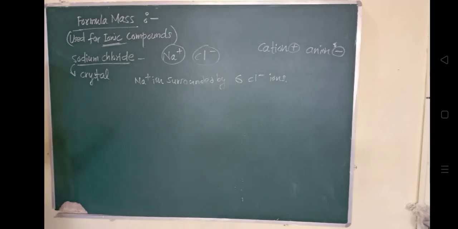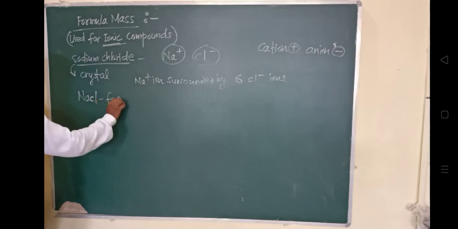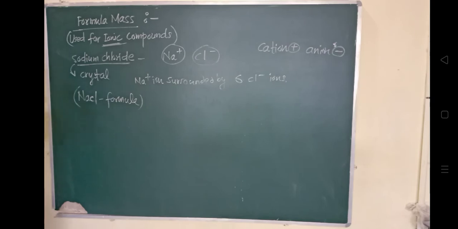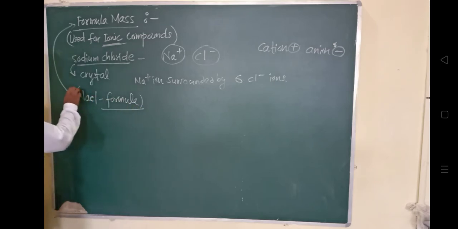So therefore NaCl is a formula. NaCl, sodium chloride, is a formula. We cannot say it's a discrete molecule. NaCl is a formula used to represent sodium chloride. सोडियम क्लोराइड को रिप्रेजेंट करता है.